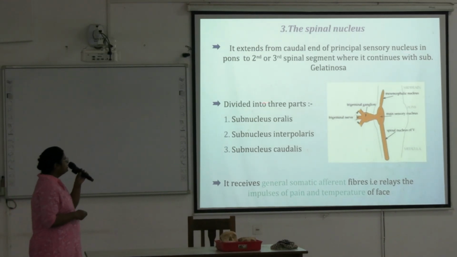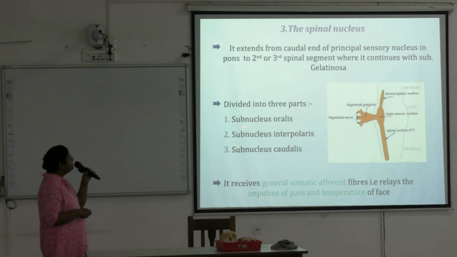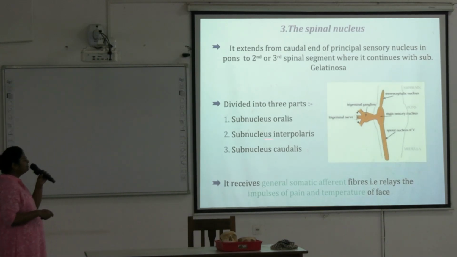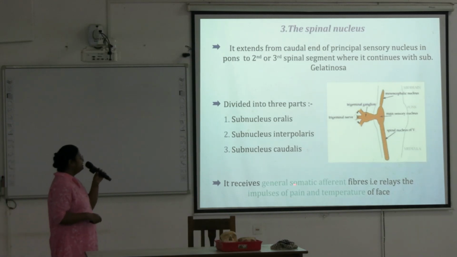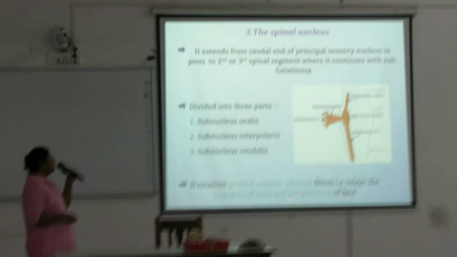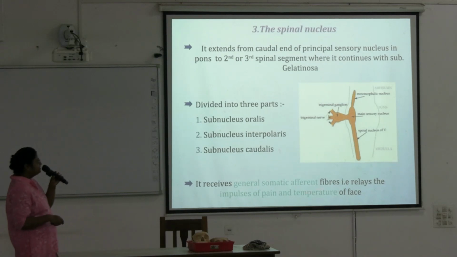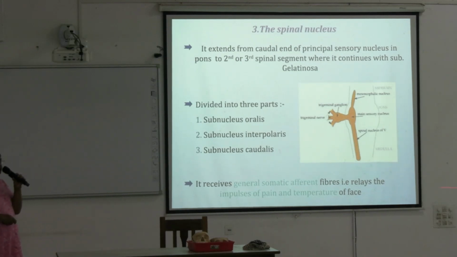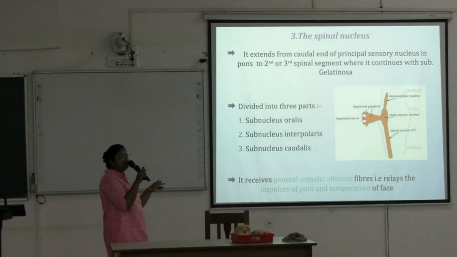Okay, it is divided into these 3 parts, not much important: subnucleus oralis, subnucleus interpolaris, subnucleus caudalis, and it receives the general somatic afferent fibers that relay the impulses of pain and temperature of the face. That is important, which sensation it carries. So pain and temperature it relays in this spinal nucleus.